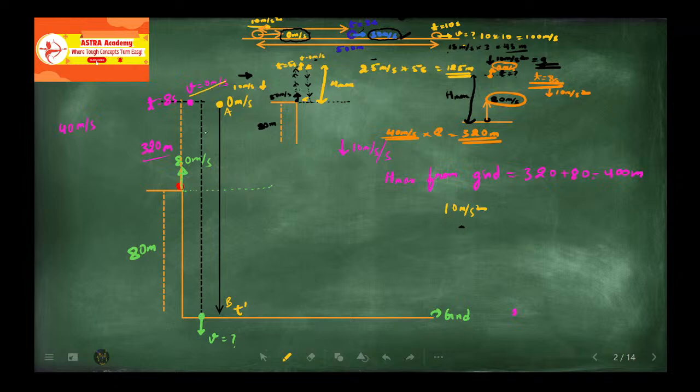If the second part of the motion is from A to B, it should start from zero speed, because the speed has become zero in 8 seconds, so it will start increasing from zero. For the second part, the final velocity of the first part of motion will be the initial velocity of the second part. That is what I am trying to say.